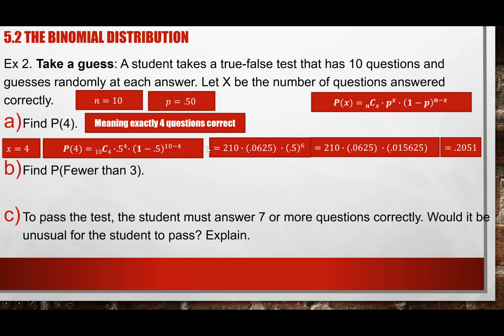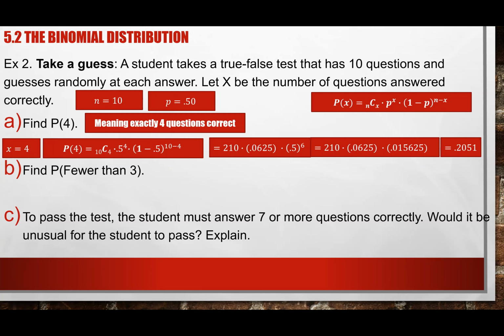So hopefully you see where every number came from. And you can plug it into your calculator like this: open parenthesis, 10C4, close it, multiply by open parenthesis, 0.5 raised to the 4th power, close the parenthesis. If you type it like that, your calculator can calculate it for you, okay?